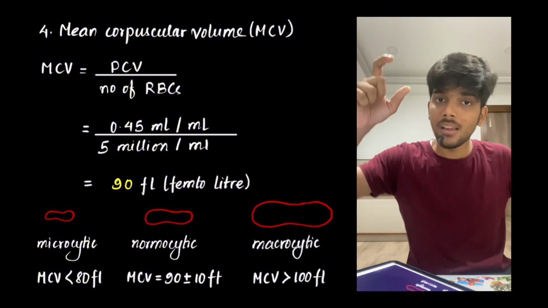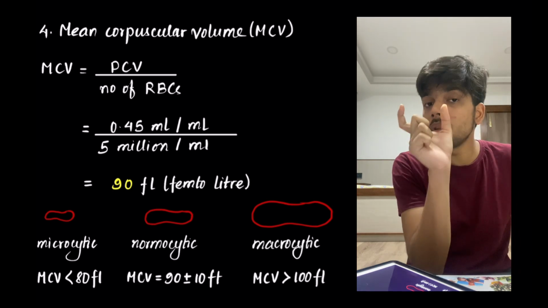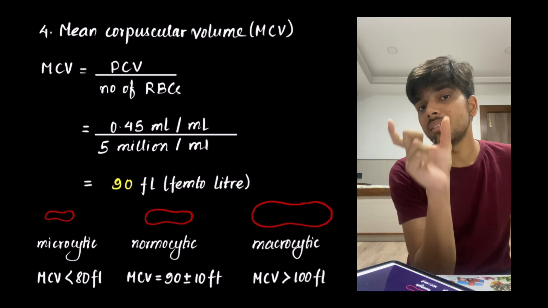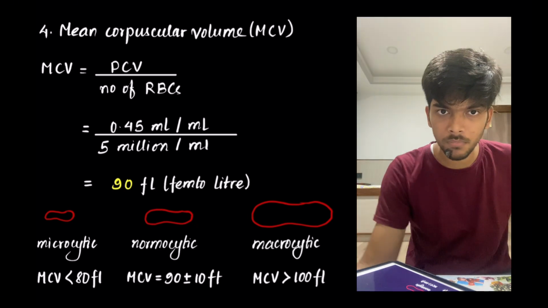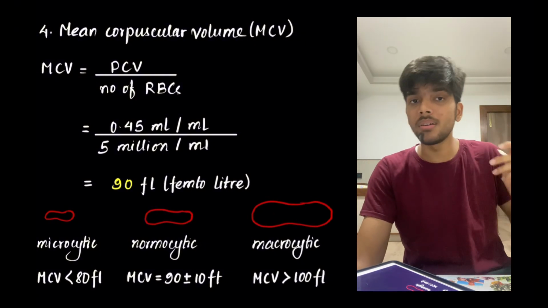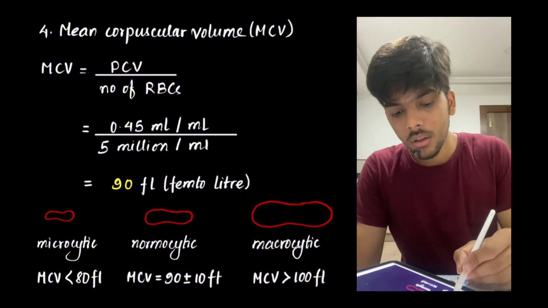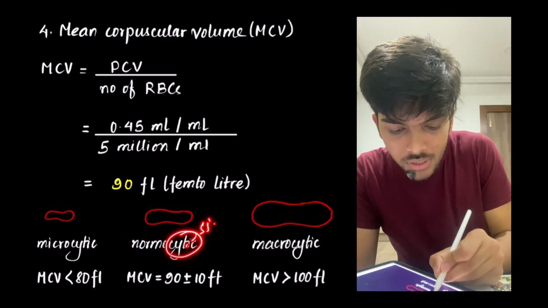That is, if you take a red blood cell from your body out and find out the volume of this red blood cell, it is most likely going to be around 90 femtoliter. Got it? Okay. So on the basis of volume of the red blood cell, they are of three types. Normocytic, cytic refers to size.